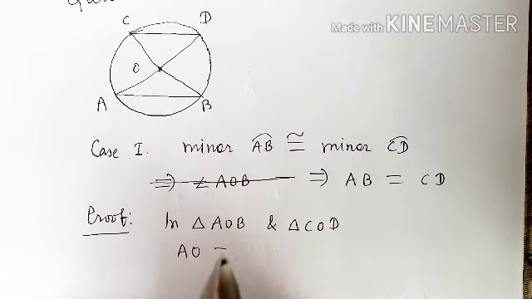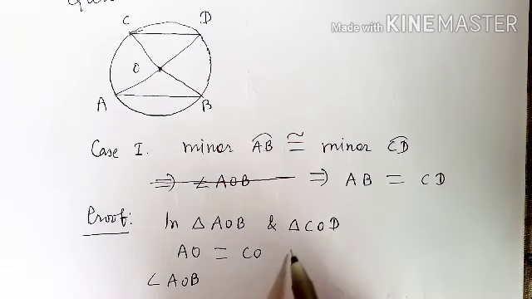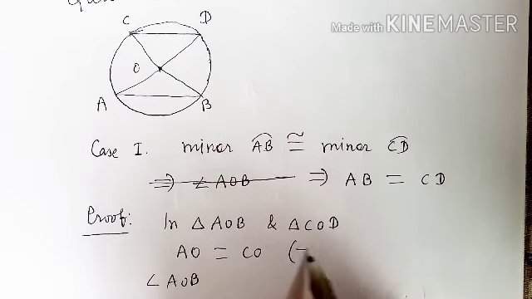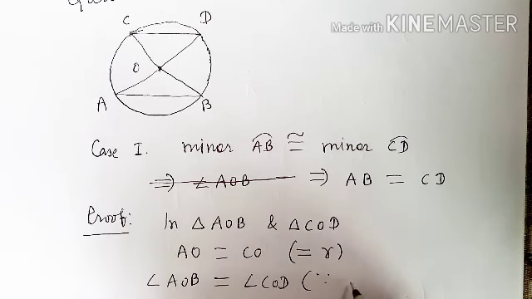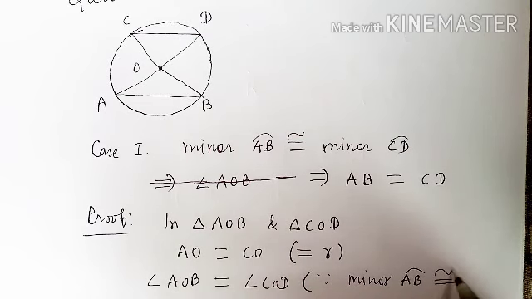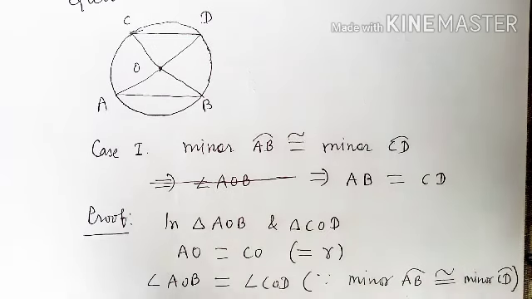AO is equal to CO is equal to R. Angle AOB is equal to angle COD, since minor arc AB is congruent to minor arc CD.